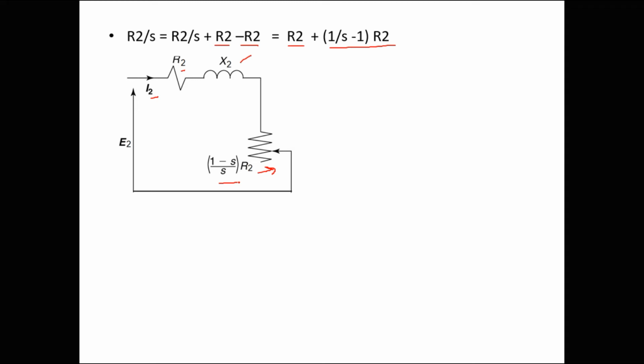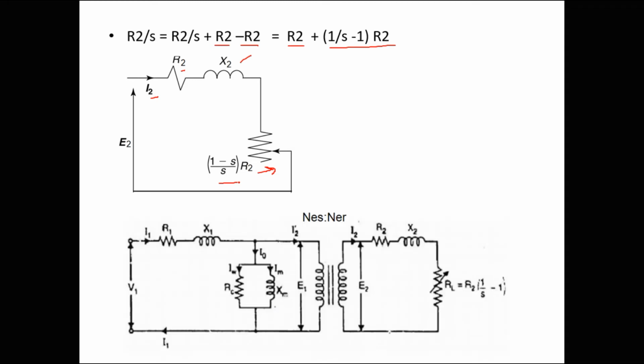So now we have the stator and rotor model, and we are going to combine these two, just like a generalized transformer model. In a transformer we had primary and secondary winding, and likewise here we have a stator and a rotor model. In the rotor we have this electrical equivalent of mechanical load, and we call this the net mechanical load.